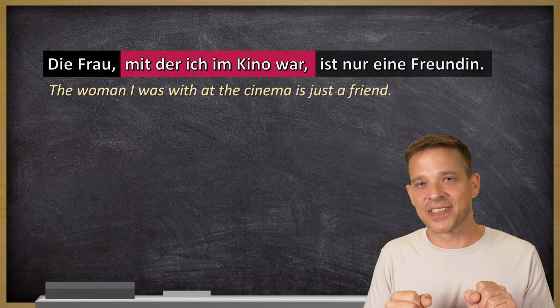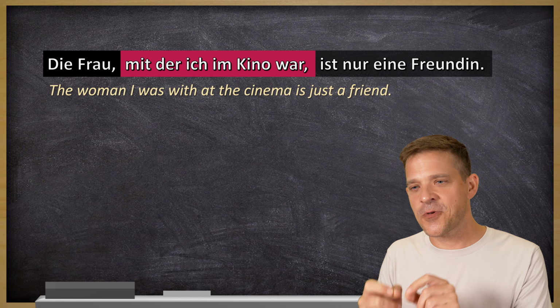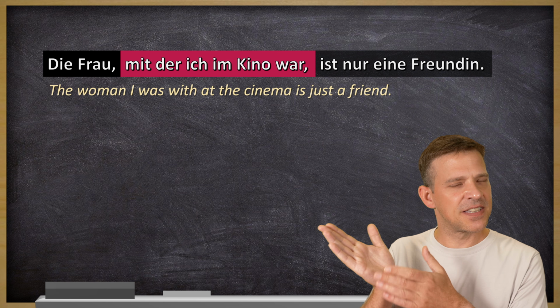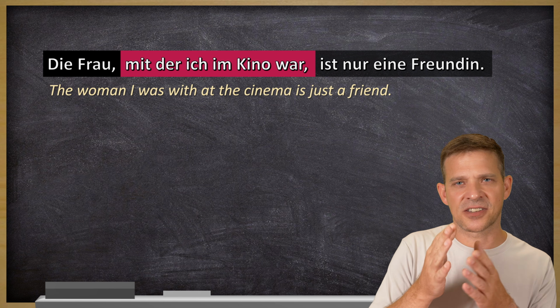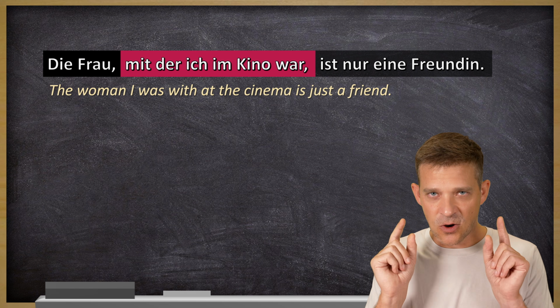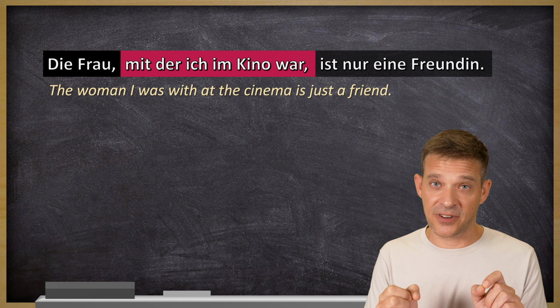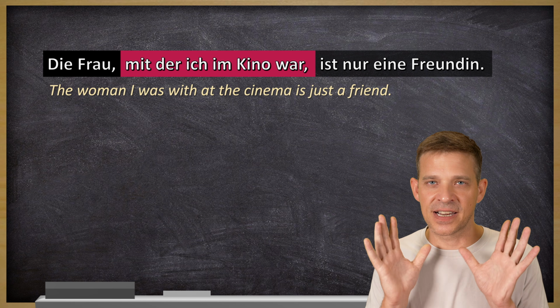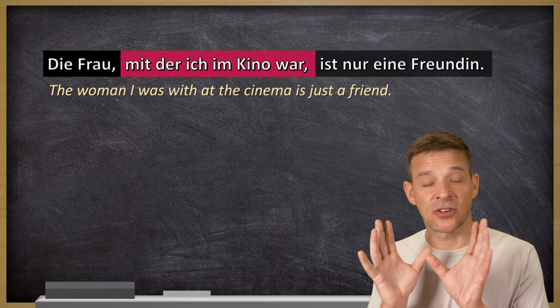Here a small side note. In German, this is a common question I get from students: this eine Freundin, what is this actually? Is this a girlfriend or is it just a friend? It is always like this. If we use the possessive article, meine Freundin, it's clear it's my girlfriend, and we talk about a girlfriend.